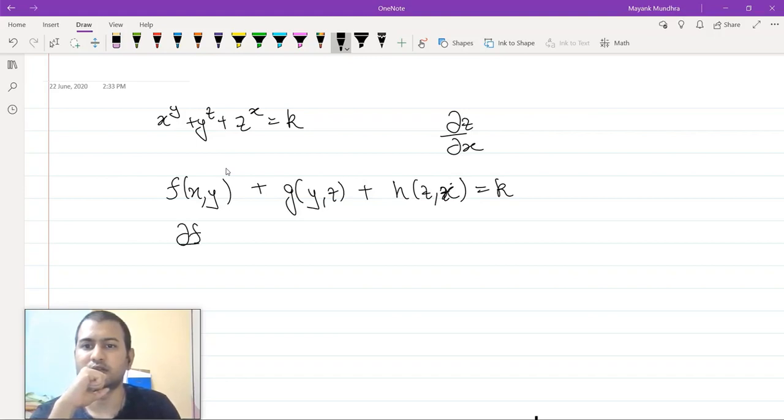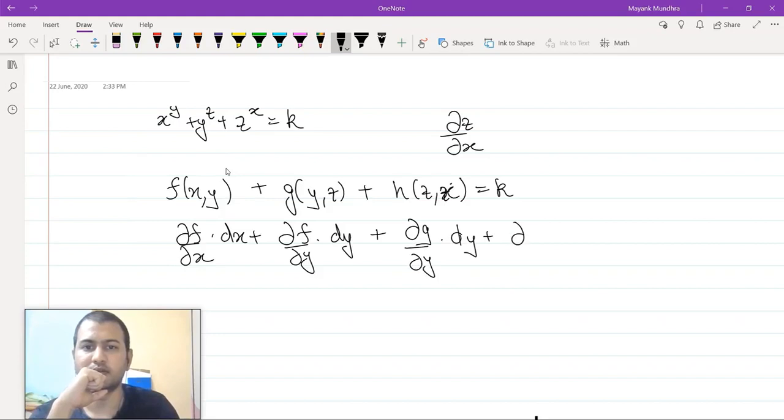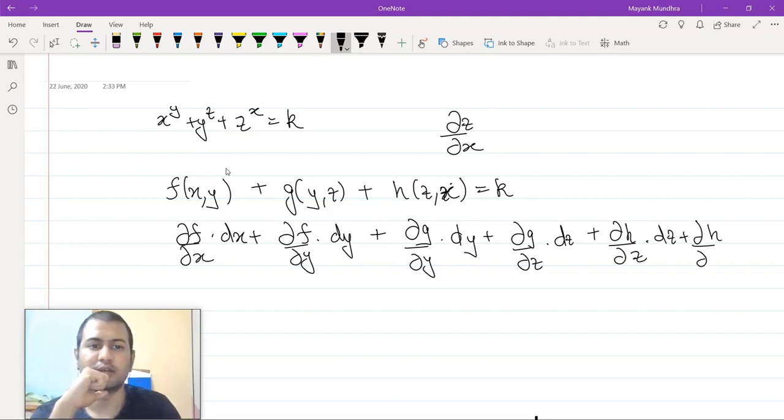So del f by del x into dx plus del f by del y into dy, plus del g by del y into dy plus del g by del z into dz, plus del h by del z into dz plus del h by del x into dx is equal to 0.